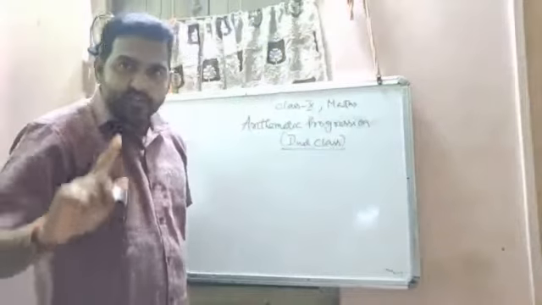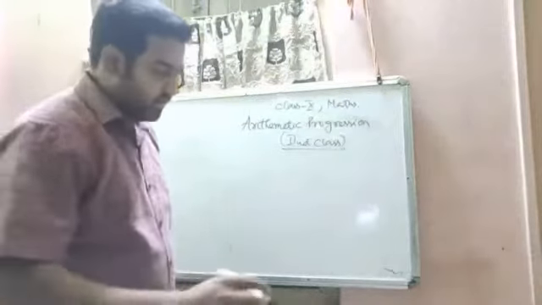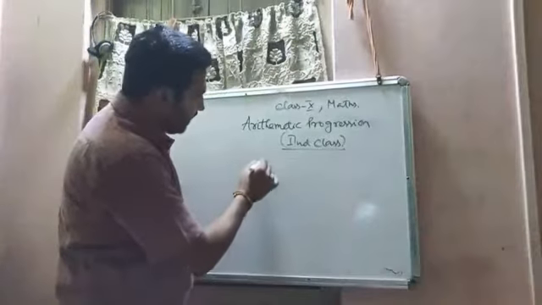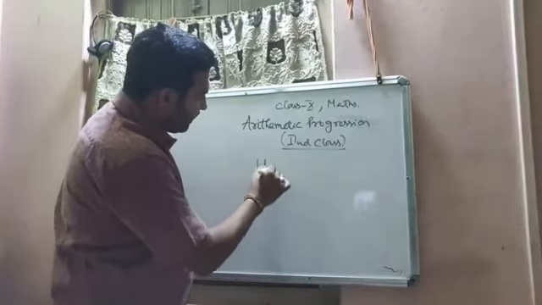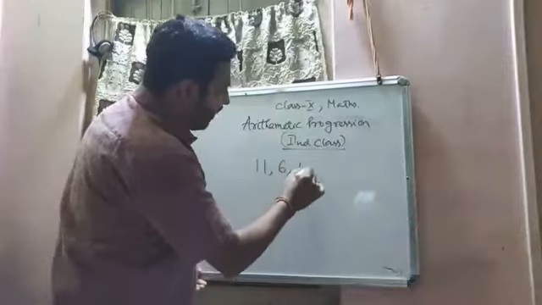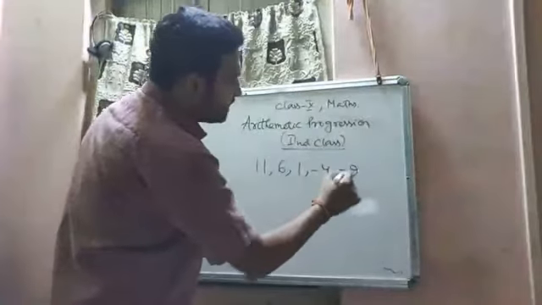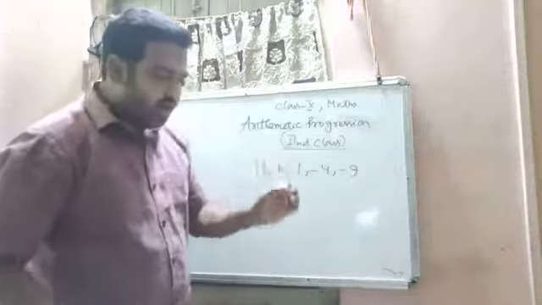The first question says we have to show whether the progression, I'm going to write the terms 11, 6, 1, minus 4, minus 9, are in AP.